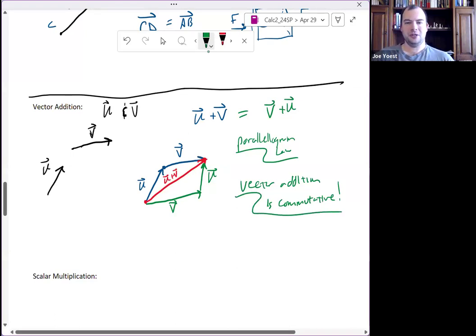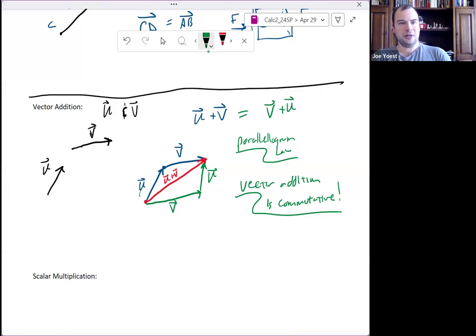Vector addition is commutative because if I go along the U direction first and then along the V direction, or if I went along the V direction first, then along the U direction, for each of their respective magnitudes, I would get to the same endpoint, right? Like if I go 3 blocks north and then 5 blocks east, or 5 blocks east and then 3 blocks north on a nice grid, I would end up at the same intersection. So vector addition is commutative by this parallelogram law.